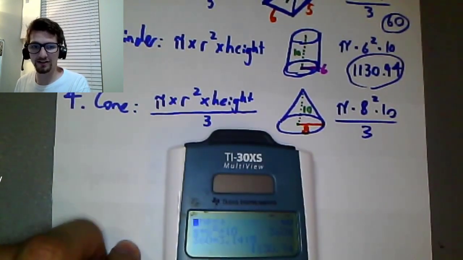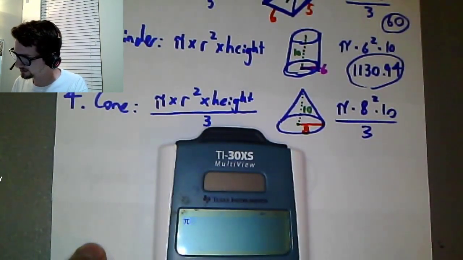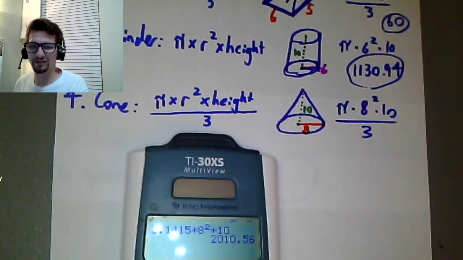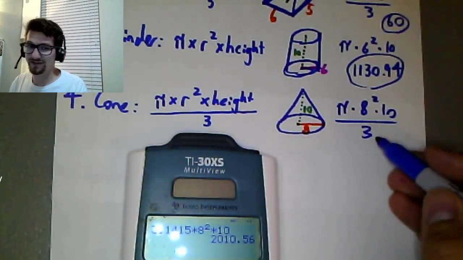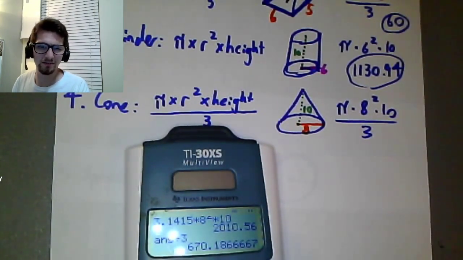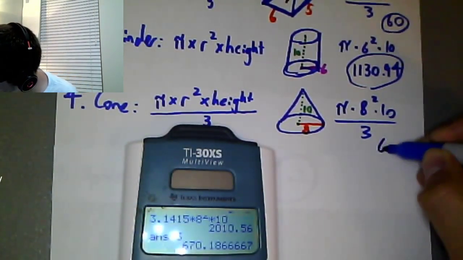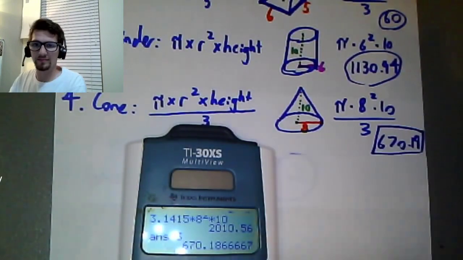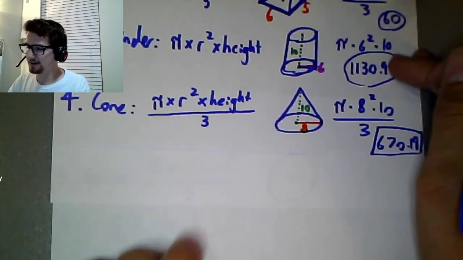So pulling out my calculator, pi, or 3.1415, times 8 squared times 10 gives me 2010.56. I divide that by 3, and I get 670.19. And bingo, I'm done. Thank you, calculator.